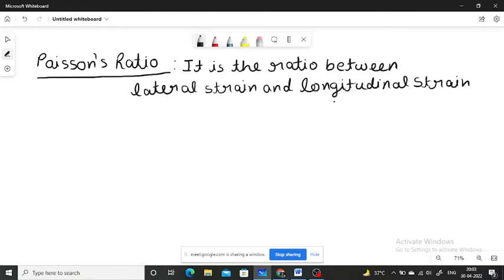Longitudinal strain or linear strain. What is longitudinal strain and what is lateral strain?